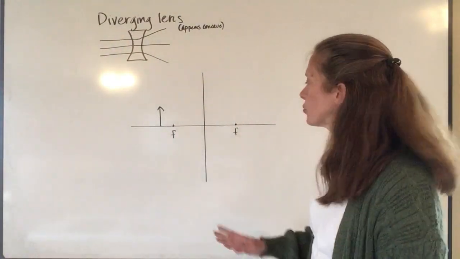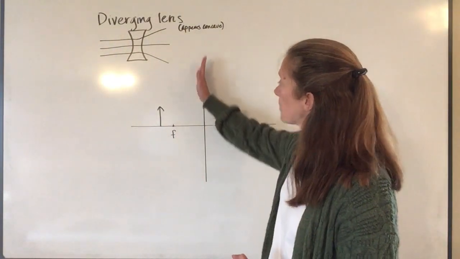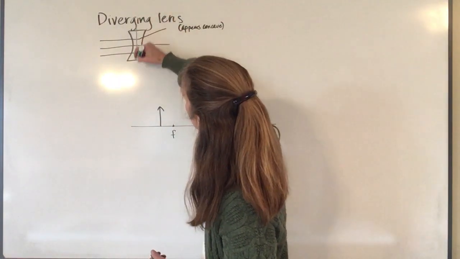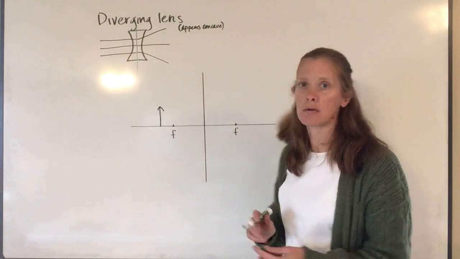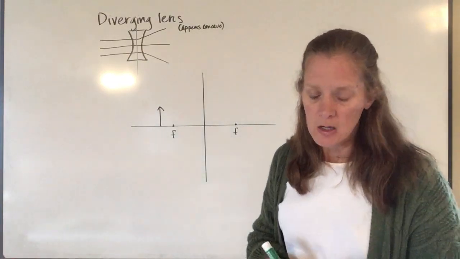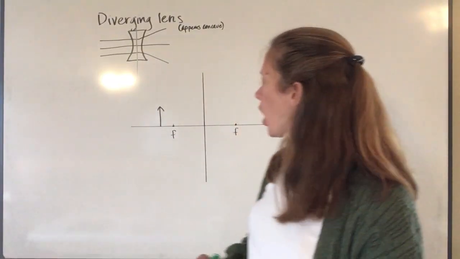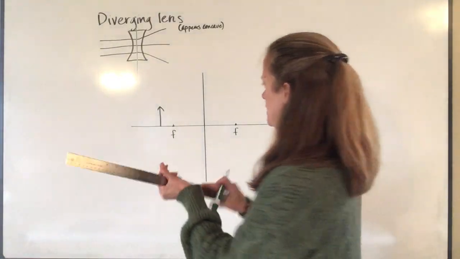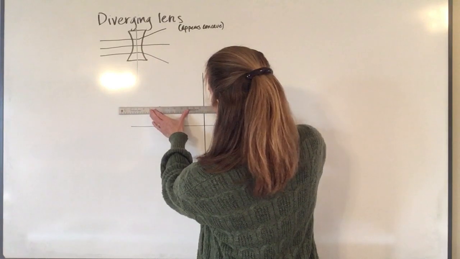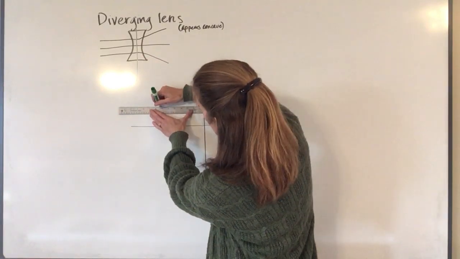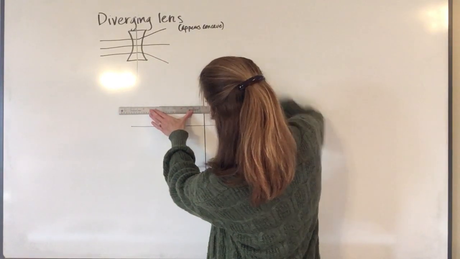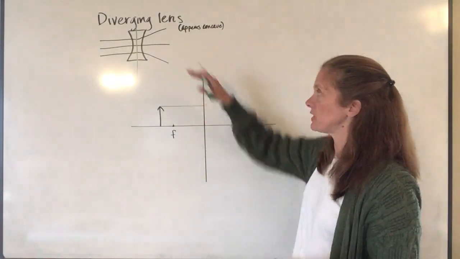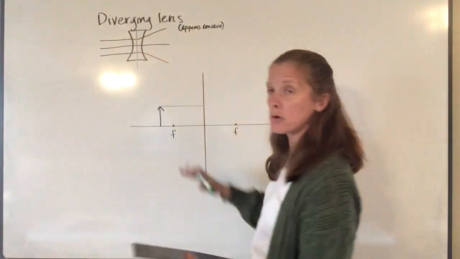Again, we're going to treat this lens just by looking at the center. If it's going through the center of the lens, that's how we're going to draw this ray diagram. So let's start off with a horizontal beam coming through. If I have a horizontal beam coming in this direction, when it goes through this time, remember, these are not focused through the focal point.